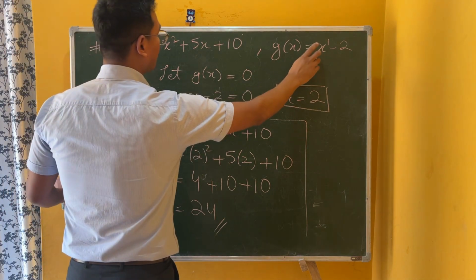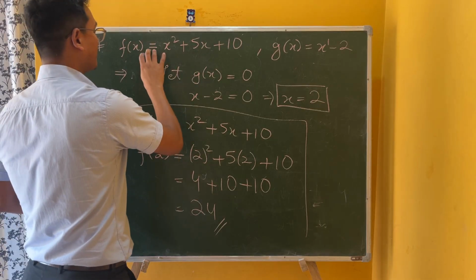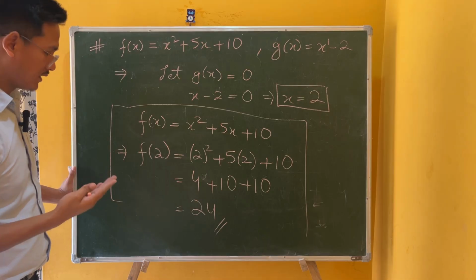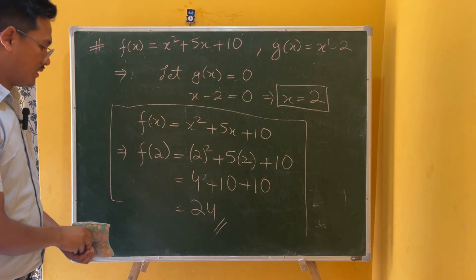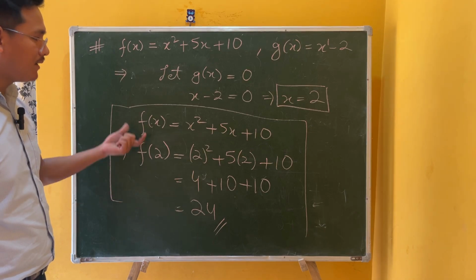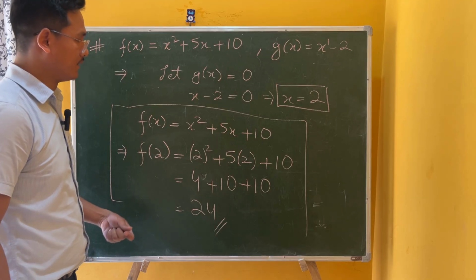But if the power of g(x) is more than 2, then the polynomial is not divisible by g(x). That is something that you need to keep in mind.